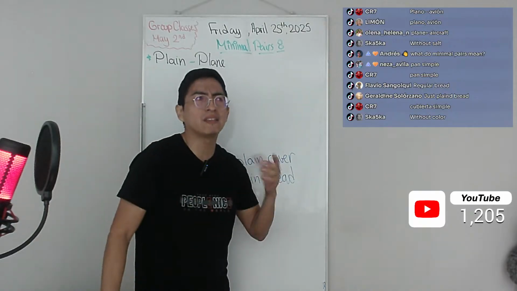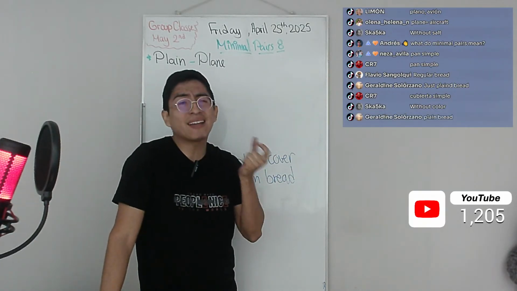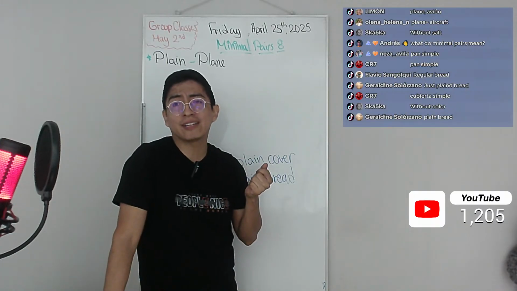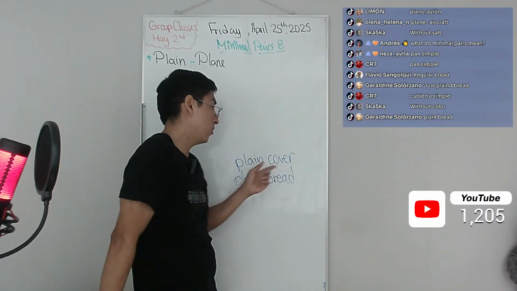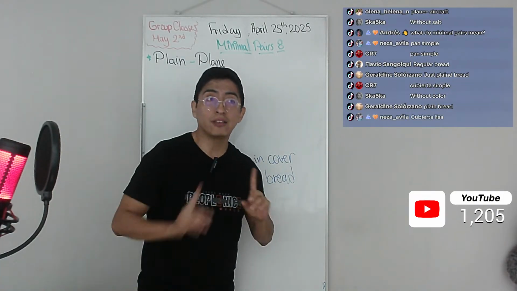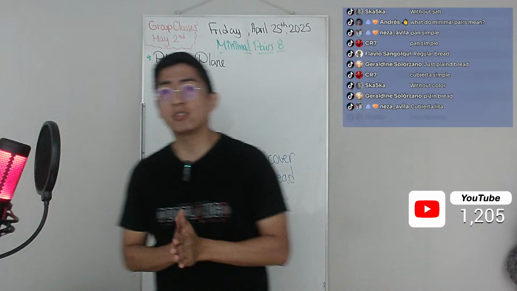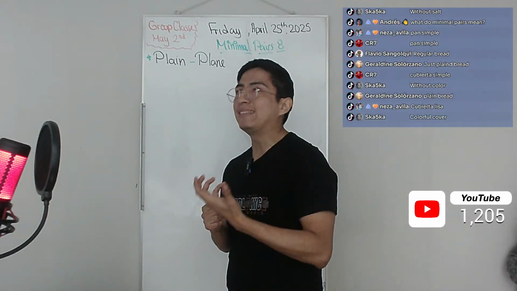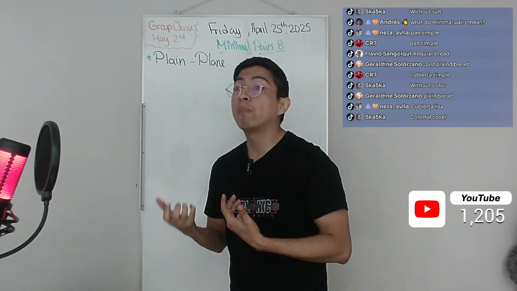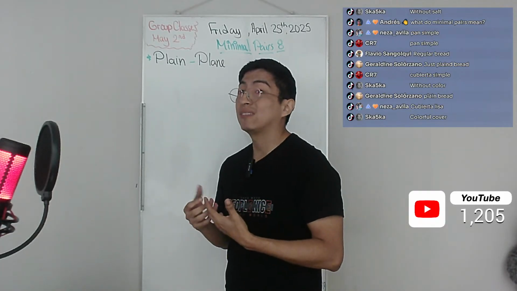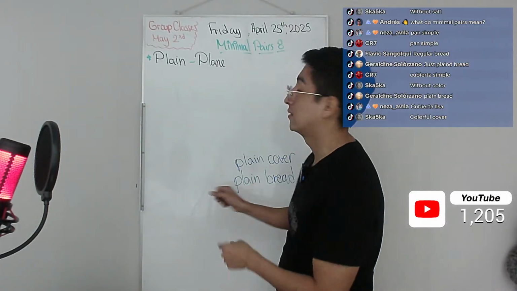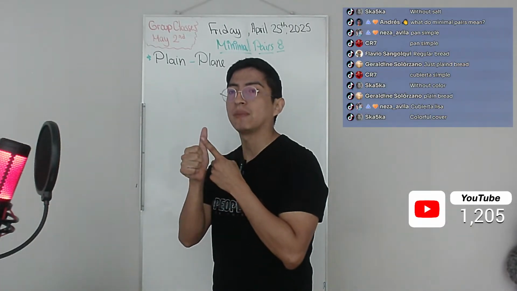The cover of this book doesn't have anything special. So we can say that it has a plain cover. So as you can see here, plain can be used for something that is basic, or something that is simple, without decorations. Okay, that is the first meaning.